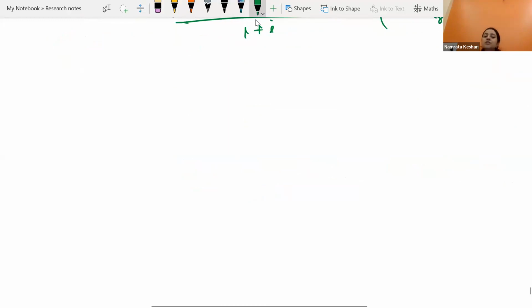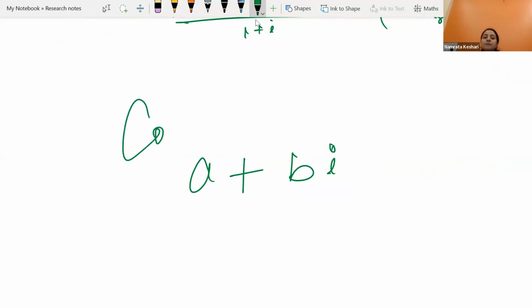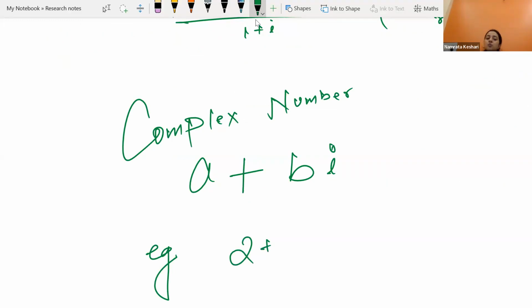Any number which is in the form of a plus bi is called a complex number. For example, if you have 2 plus 3i, it's a complex number. You can see the imaginary part is there.